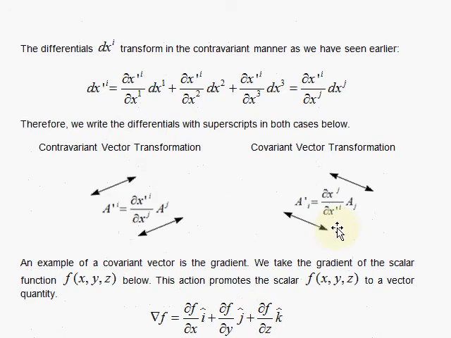Well, the differentials transform in the contravariant manner, as we have seen in the previous class. We look at dx prime i, where i is 1, 2, or 3, and that's simply the derivative of the new component here, the i component with the prime, with respect to the 1 and the 2 and the 3 variables.